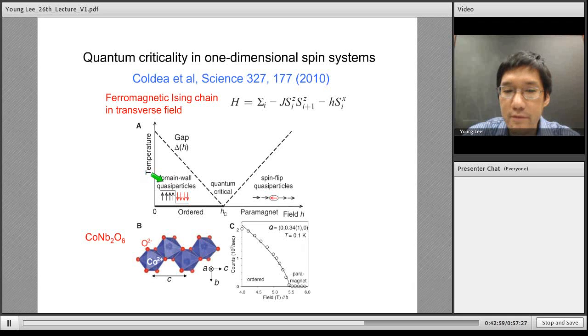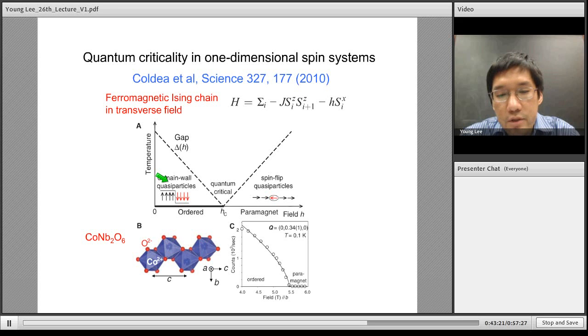So if you have these domain walls in one dimension, it's similar to the 1D spin 1/2 chains, where you break apart your spin wave into two spin 1/2 spinons, which act as domain walls, you can get continuum type of scattering.